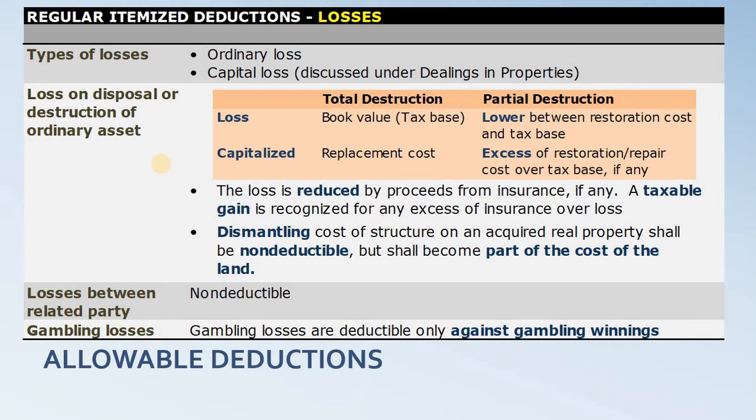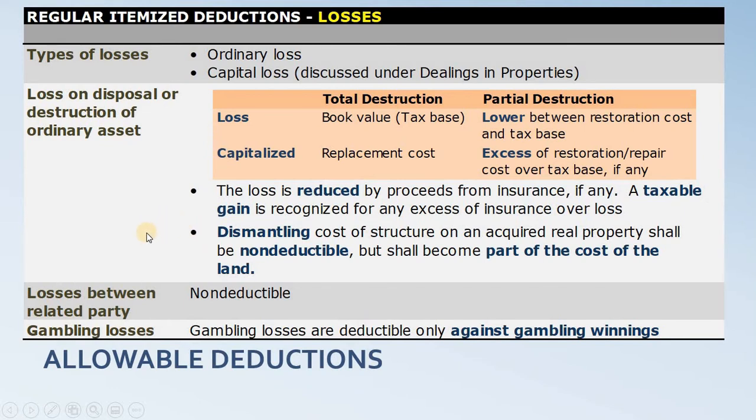So the amount of insurance will be deducted from the loss suffered by the entity, and the remaining loss after the deduction of insurance shall be the amount deductible from the gross income. However, if the proceeds from the insurance exceeds the amount of loss that is suffered because of the destruction or disposal, any excess will be a taxable gain.